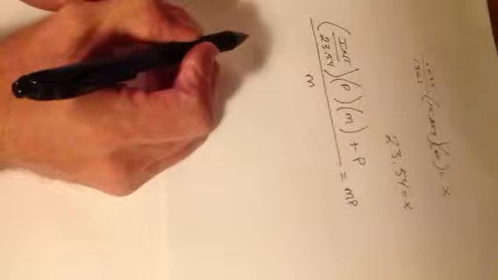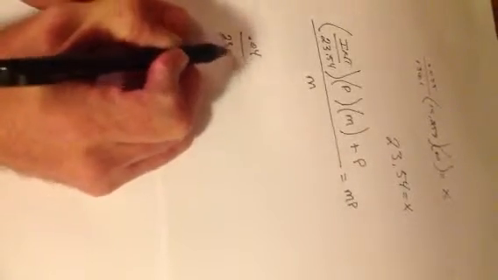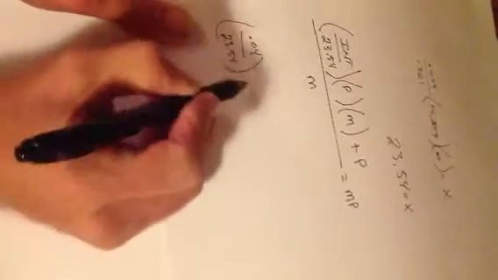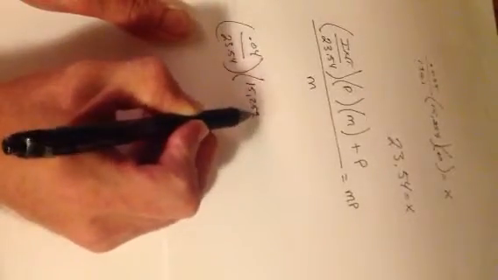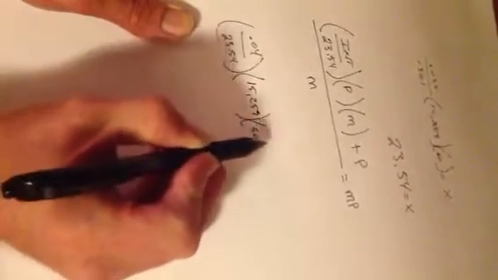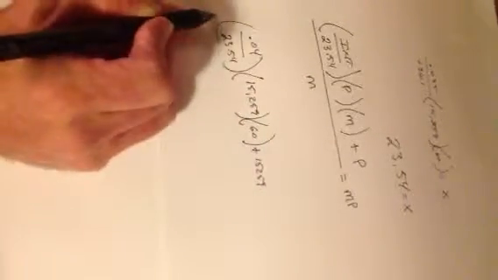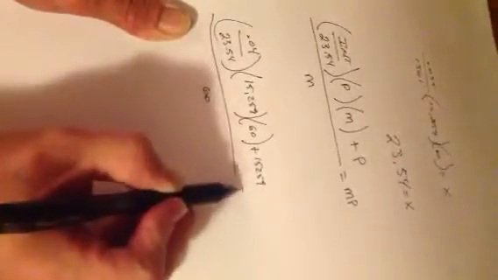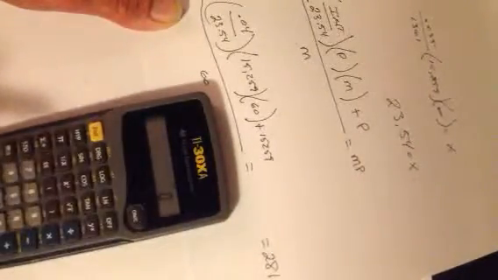So let's just try that. 0.04 divided by 23.54 times 15,259 times 60 plus 15,259, all divided by 60. Let's see what that equals. It's supposed to equal about 281 according to their system.